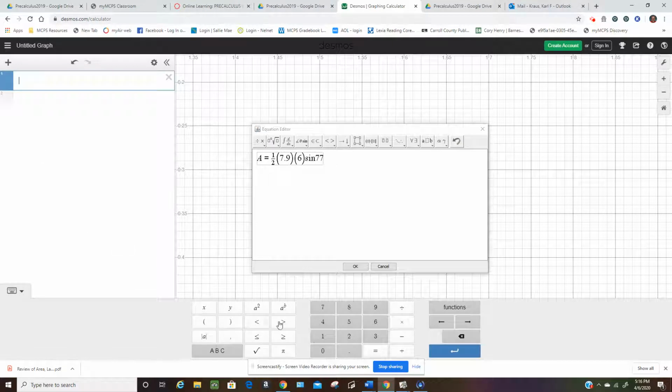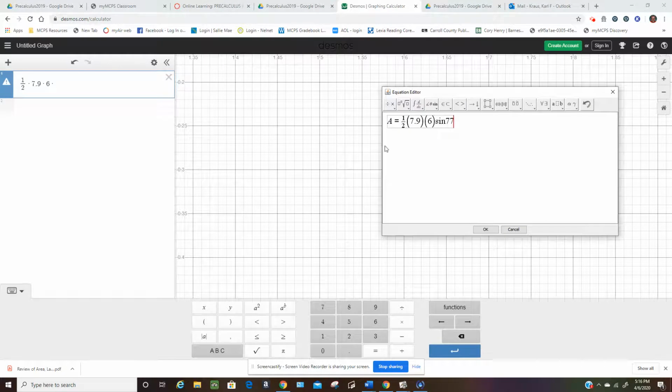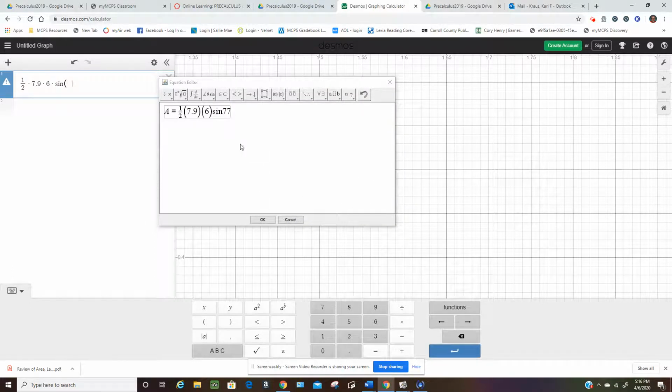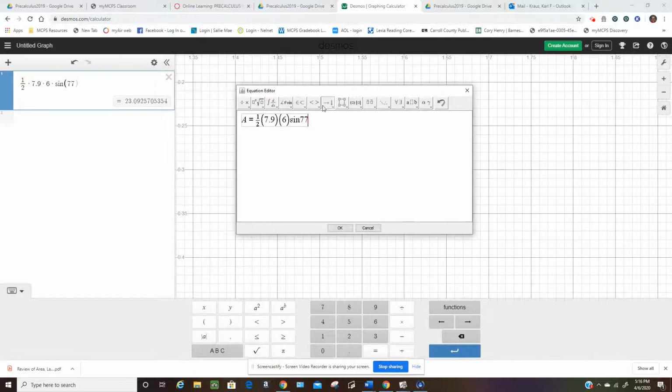All right, so I'm going to do 1 divided by 2, and then times 7.9 times 6 times sine of 77. And then I get the area is 23.09.